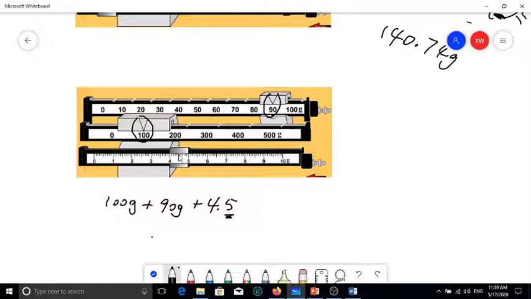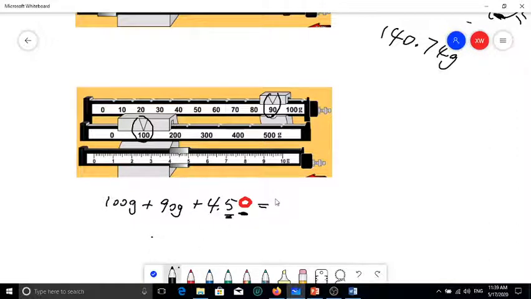Now it looks like it sits right on 5. At least in my eyes it looks right on 5, but you still need to estimate one more digit. If it's between the lines, you can estimate 2, 3, 4, 5. But it's right on the 4.5 line, so you can estimate it to be 0. You cannot leave that 0 away.